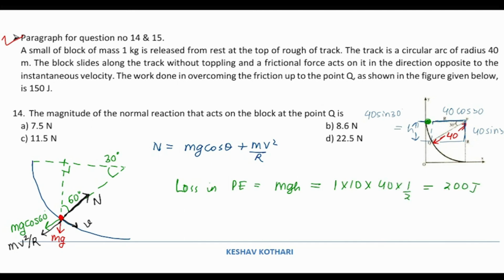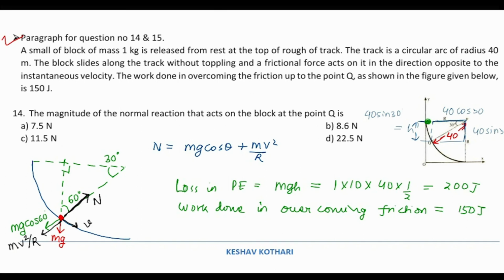Now some part of this is spent in overcoming friction. So work done in overcoming friction is equal to 150 joule. So the residual energy is in the form of kinetic energy if we use the work energy theorem or energy conservation theorem.